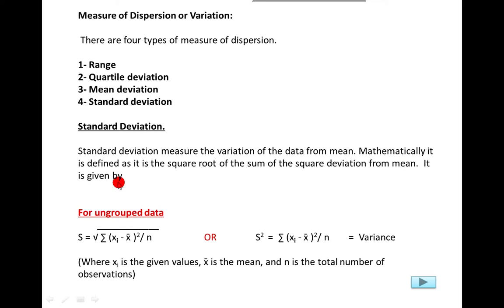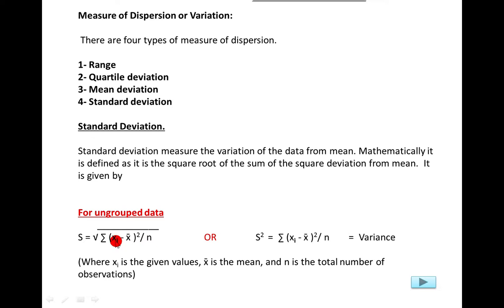It is given by, there are two formulas. Both are same, but for ungrouped data, standard deviation represented by S is equal to under root (xi minus x bar) whole square divided by n. Same as the mean, you know that in mean of the ungrouped data, xi represents the given value, x bar is the mean, n is the number of observations.